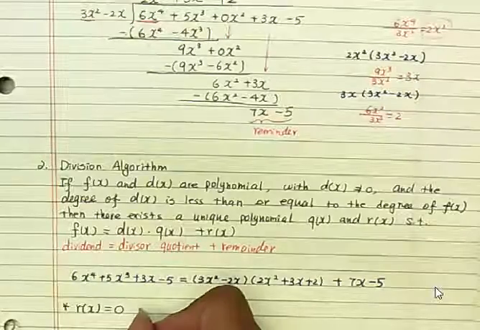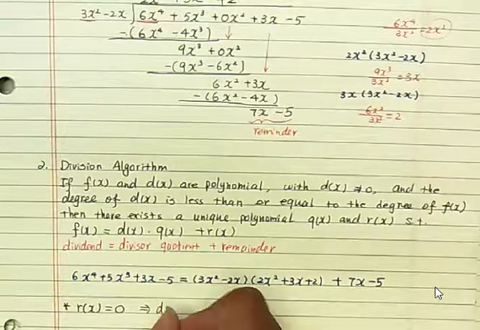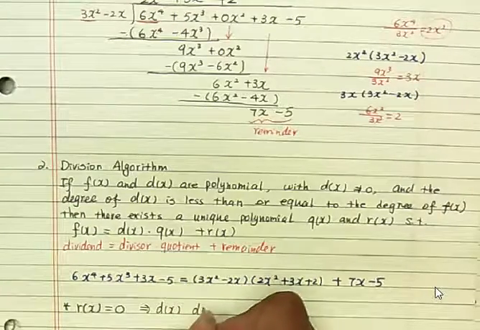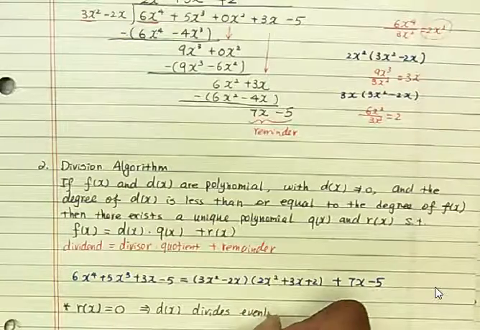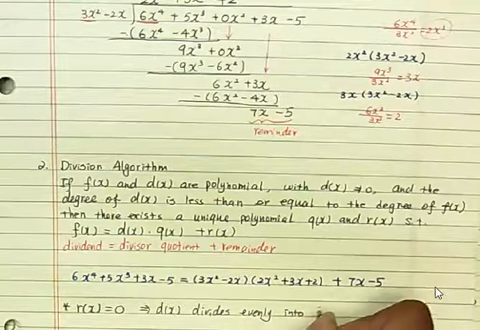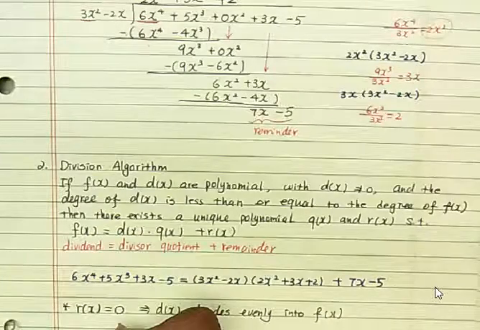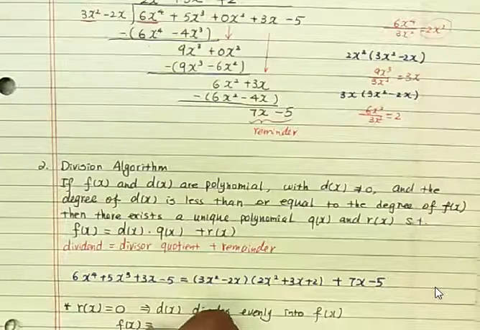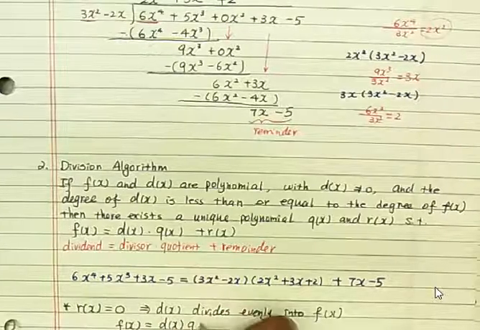The same thing in polynomial functions, we say that d of x divides evenly into f of x, which means that f of x is equal to d of x times q of x.